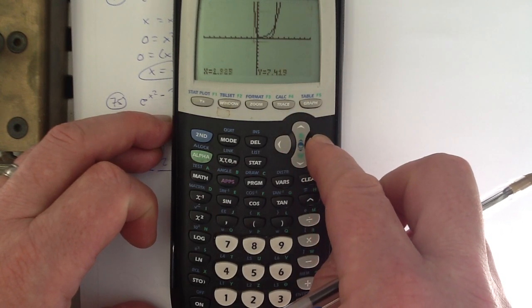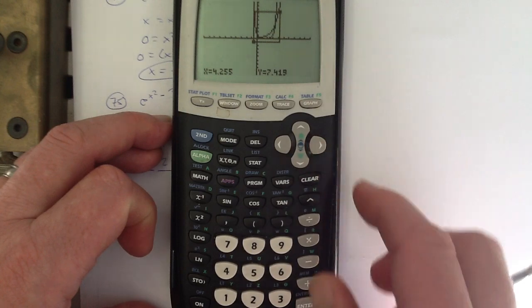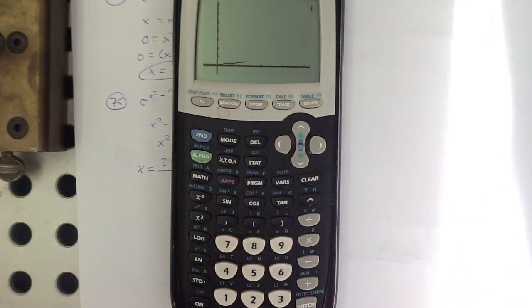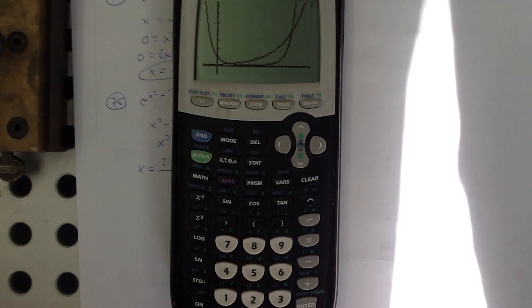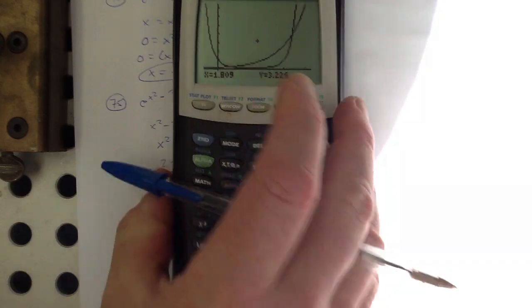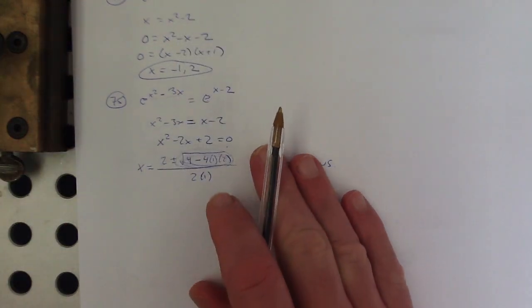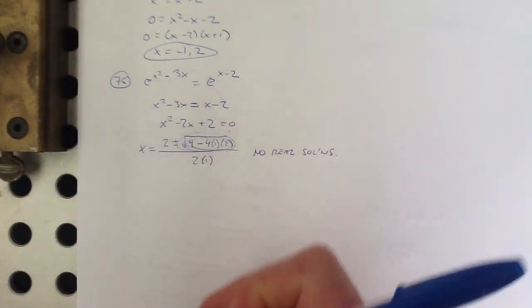I mean, those are definitely intersecting right there, right? But the algebra way of doing it is telling me that it intersects zero times. Okay, so did I mess up? Oh, b squared. Wait, no, that's right.